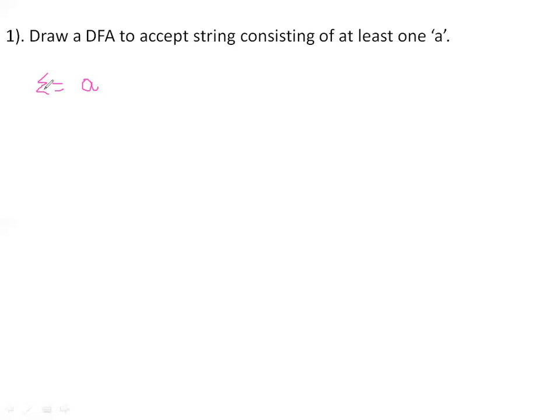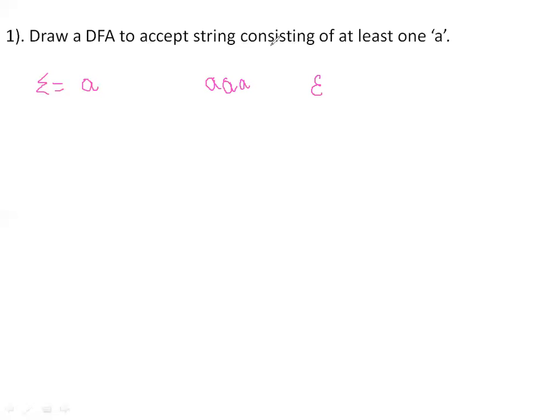So the alphabet we need to utilize is only A. And the string we are expecting must consist of at least one A. If it is followed by a series of A, then we don't have any issue. But epsilon should not be available. Clear? Epsilon should not be available. That is what it is stating.